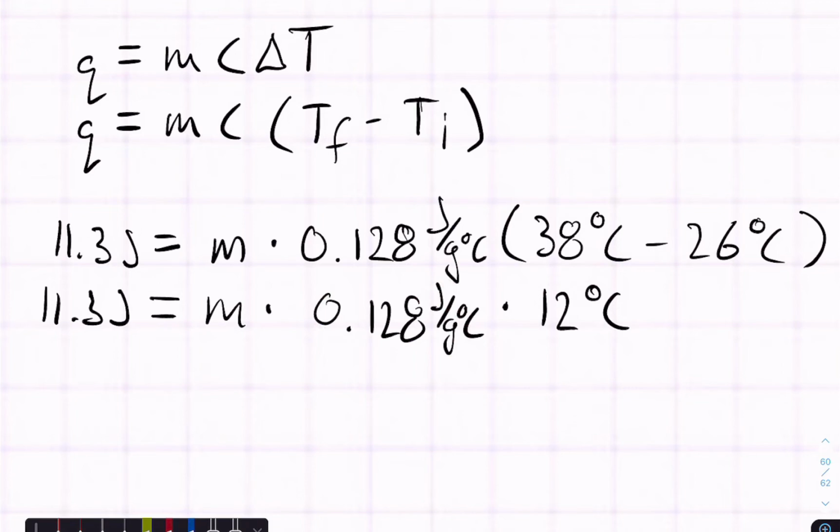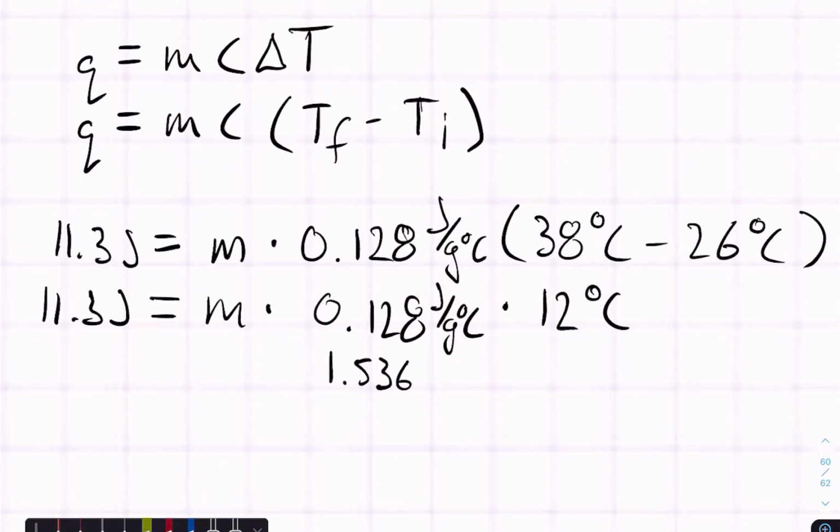So I'm going to do the 0.128 times 12. So now this is going to be 1.536. And then our units here, we can even look at and say, oh, the degree C there will cancel out.